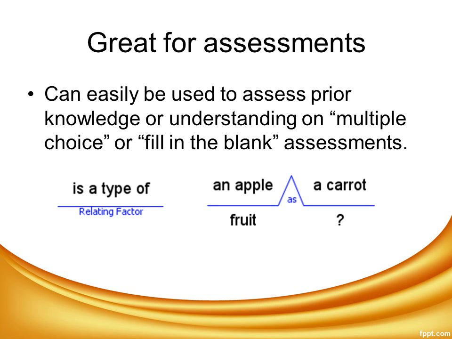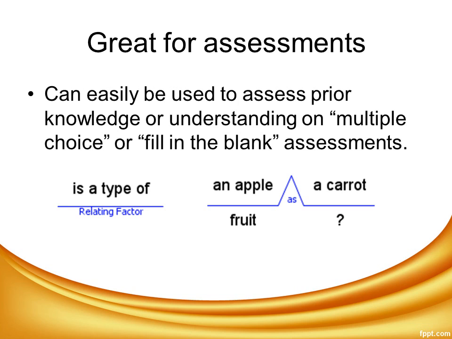Bridge maps are great for assessments. You can use the question mark as part of the pair to find out what the students are able to put as their analogy, or you can even use a question mark for the relating factor, so the students have to write in what the relating factor would be.